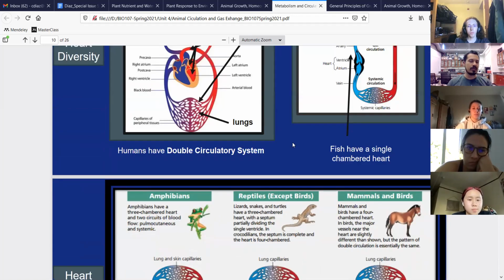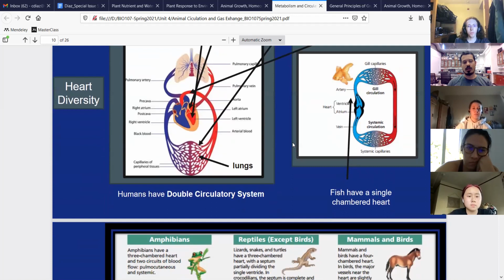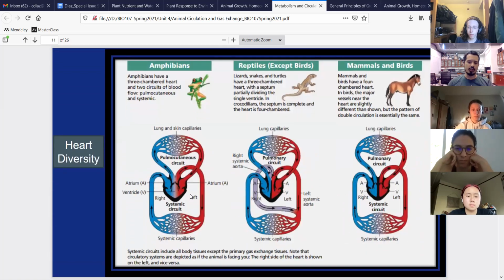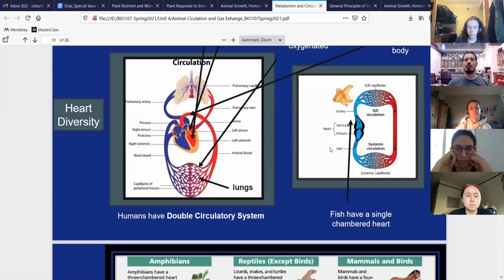So I will tell you right now, there's not going to be any questions on differences between the open or the closed circulatory system. I'm not going to ask you any questions about comparing two versus three versus one chambered hearts.